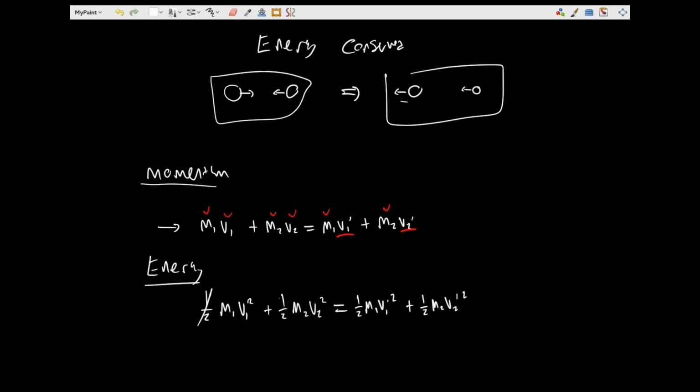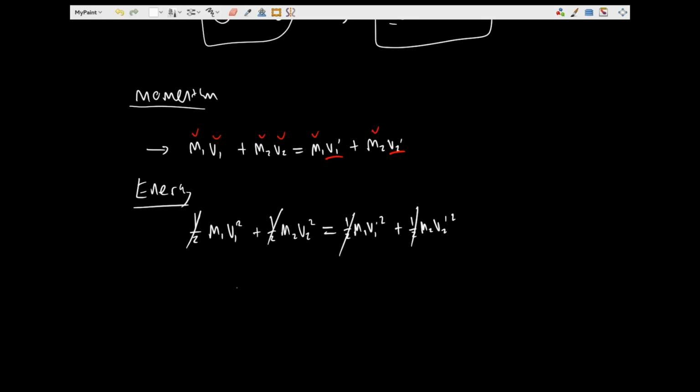And just to simplify things, we'll take out these halves, and we have our second equation, m1 v1 squared plus m2 v2 squared equals m1 v1 prime squared plus m2 v2 prime squared.